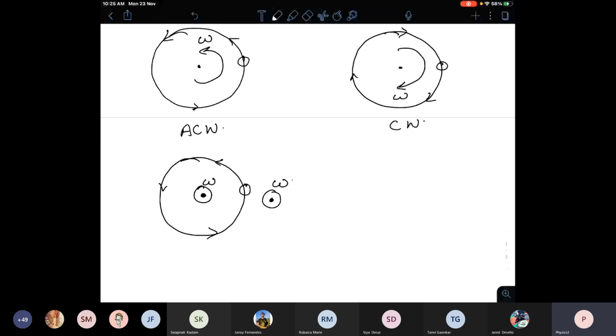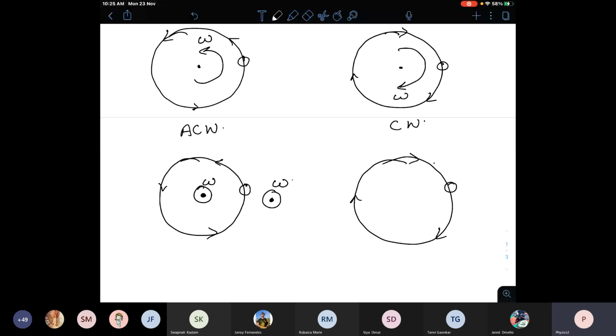Similarly, for clockwise motion, if a particle is going in the clockwise direction and you wrap your fingers around it in the clockwise direction, your thumb will be going into the plane, towards the paper.